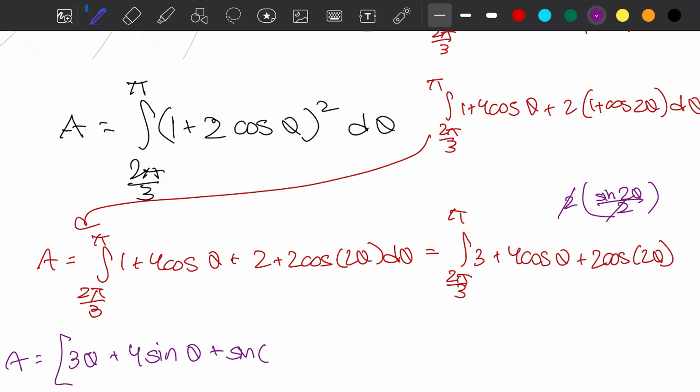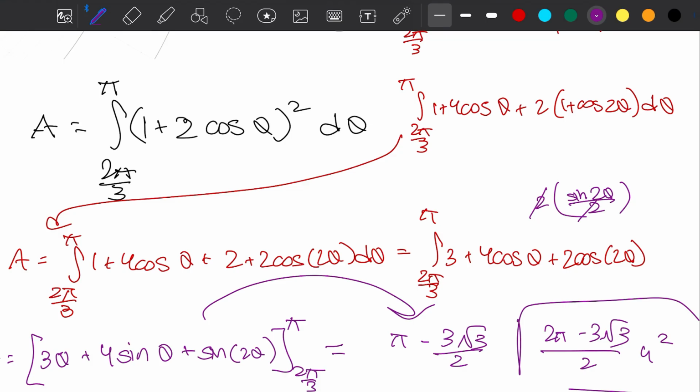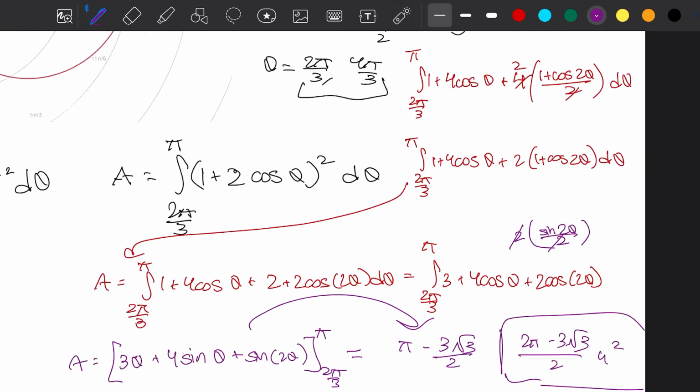Plus sine 2 theta, from 2 pi over 3 to pi. Now, once you plug that all in, you're going to end up having pi minus 3 root 3 over 2, and a better answer to put is 2 pi minus 3 root 3 over 2 units squared. I simplified all this plugging in because it's just going to save me a lot more space, but that's kind of the idea.